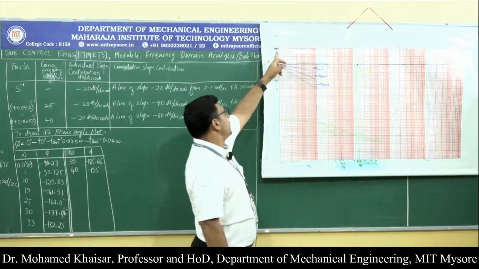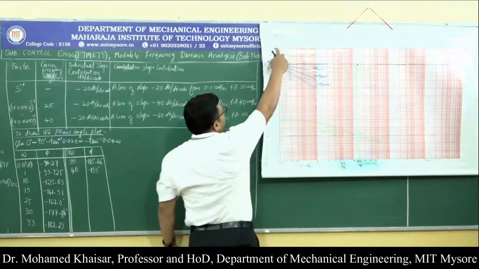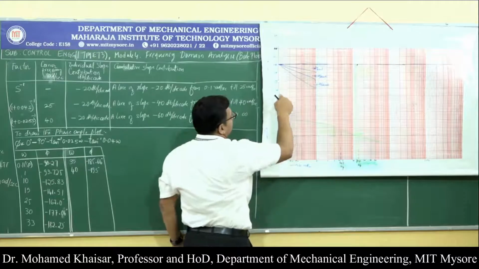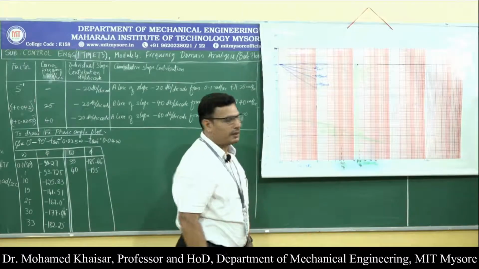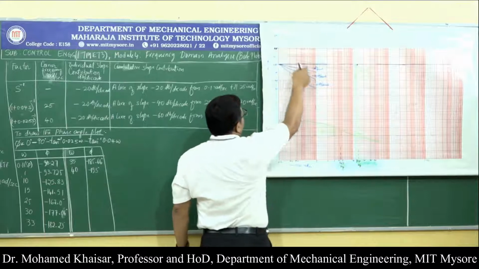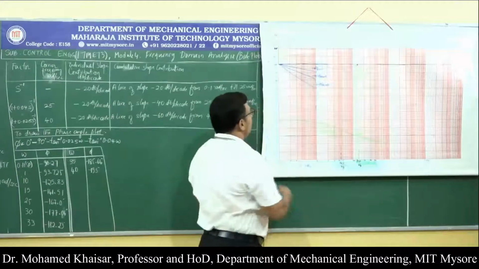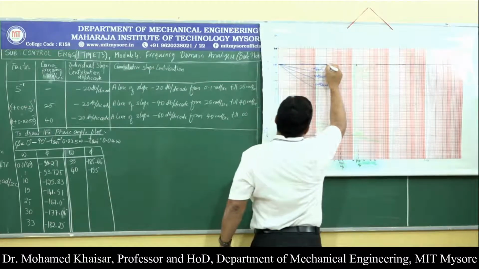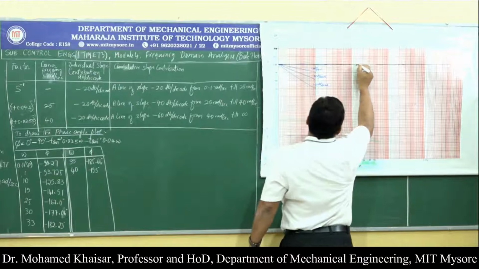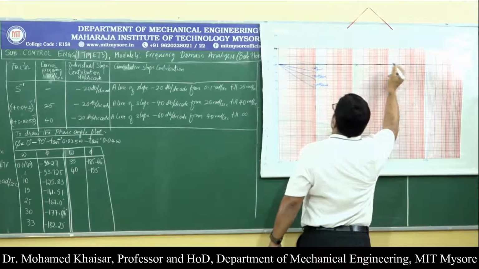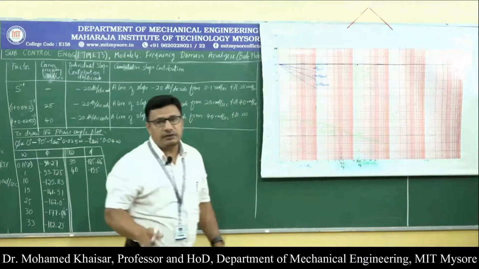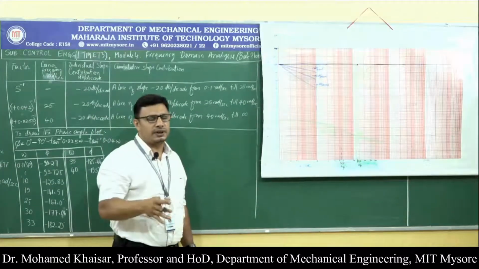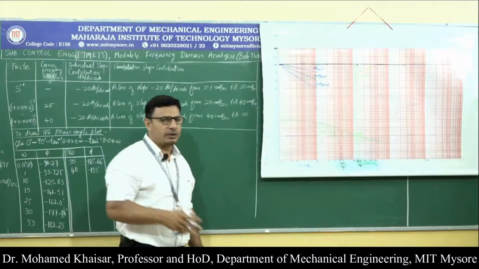Let us write 40, then 20, 0, minus 20, minus 40, minus 60, minus 80, as you can continue. So, starting from 40, then the 0 decibel line should be considered as the reference line. Why? Because when we draw the magnitude versus frequency plot, the point where the magnitude plot intersects the 0 decibel line is called the gain crossover point, and the frequency at which it exists is called the gain crossover frequency.